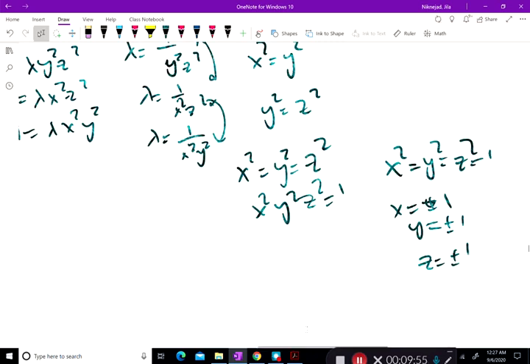And so the last step is to plug in and see which is the maximum and which is the minimum.